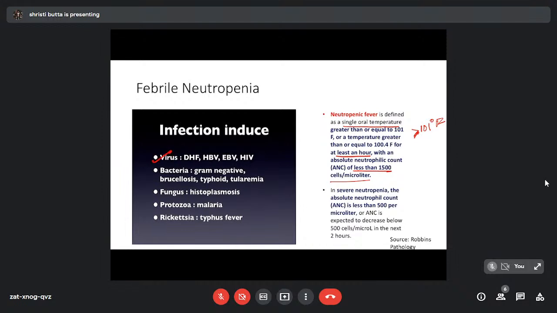Infections like dengue hemorrhagic fever, Epstein-Barr virus, hepatitis B virus, HIV may be implicated. Bacteria, fungi, protozoans, and rickettsial fevers may also be implicated in a febrile neutropenia. Anything with a count that is less than 500 neutrophils per microliter is referred to as a severe febrile neutropenia.